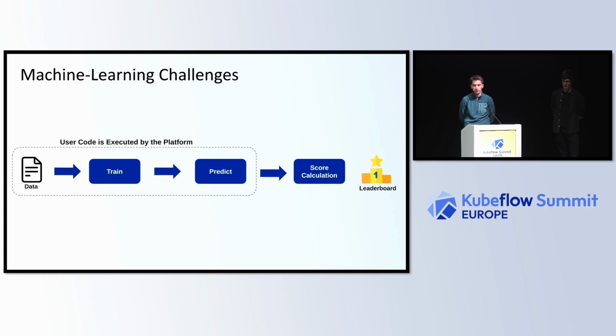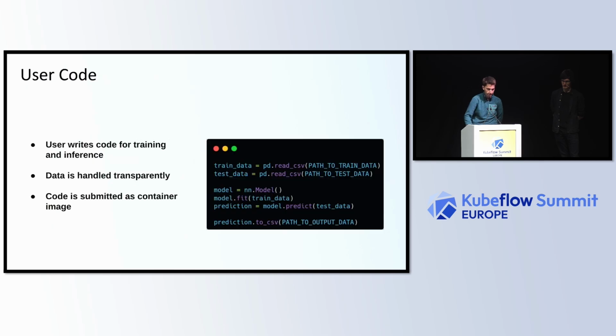And this is what we want to achieve. So the user would just write the code for training and inference. We would handle data transparently, and the user would just submit their code as a container image, and it would look something like this. Just reading the data set, creating their model, their inference code, and send it.